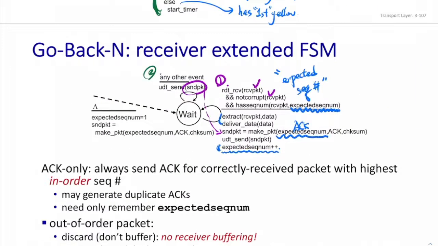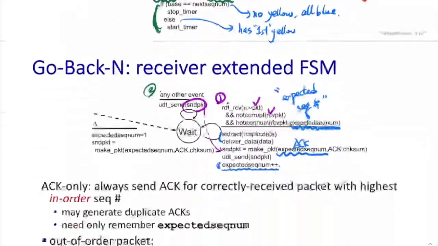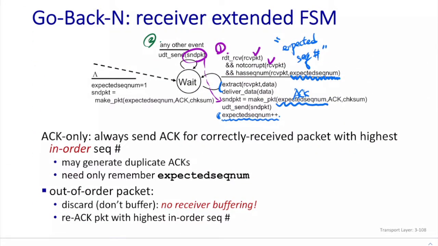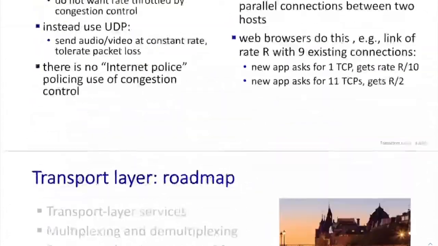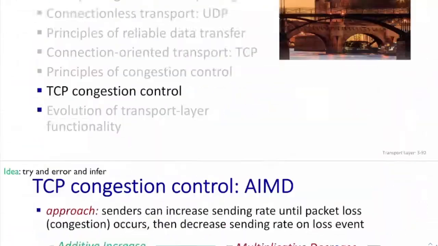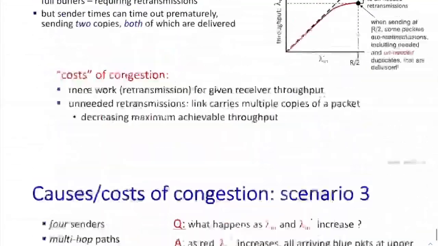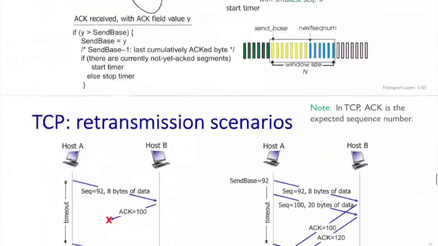So I think these 2 finite state machines make it easier for you to understand the mechanism behind Go-Back-N. So please still take some time to go through the finite state machine again, to make sure you understand how it works.